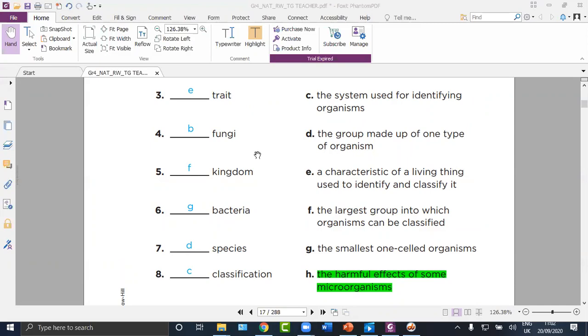Fahd Al-Sheikh. Okay, you can transfer the answer because we haven't time. Transfer the answers.